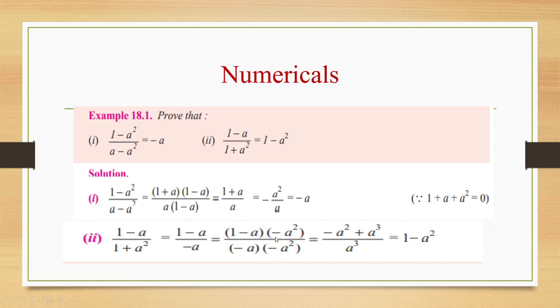So now it is becoming minus a squared plus a cubed divided by a cubed. So this is becoming 1 minus a squared.